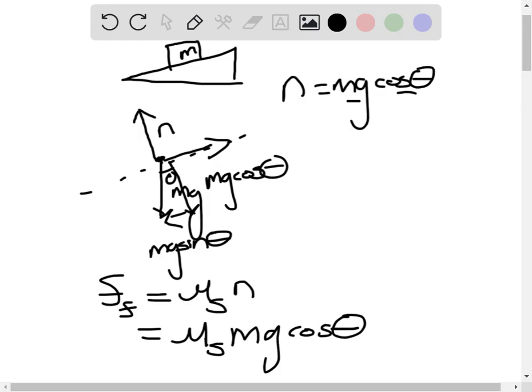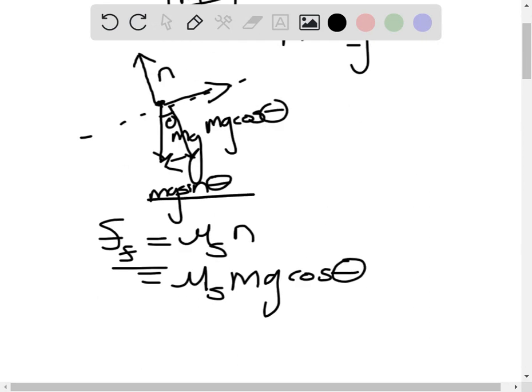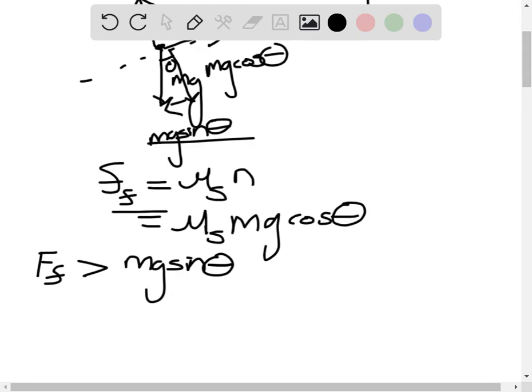So in order for our car or object not to slide down the ramp, we have to make sure that we have a force of friction that is larger than the component in the direction of the incline due to gravity. So the force of friction must be greater than mg sine theta in order for our object not to slide down our incline here.